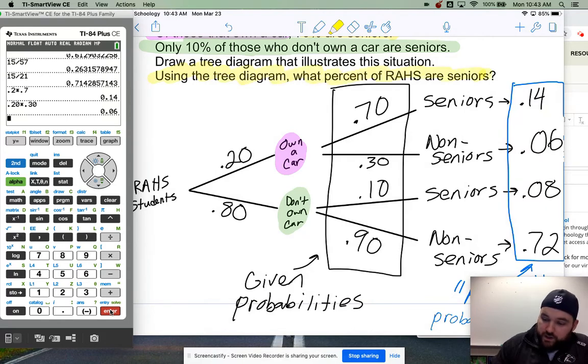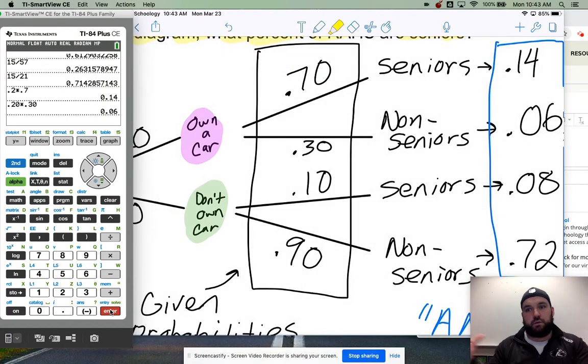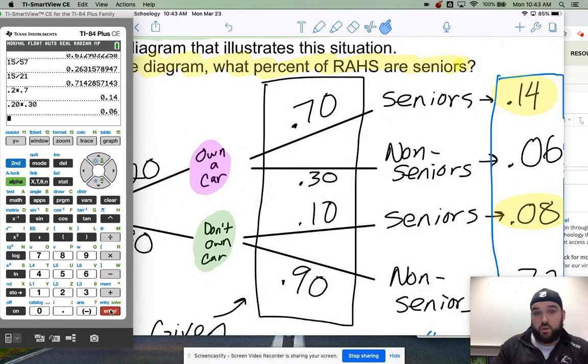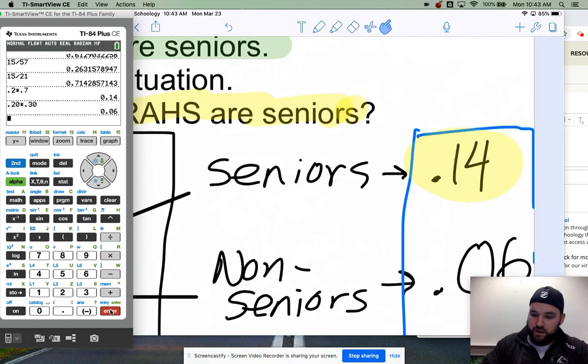Okay. And if I look at the end here in my blue box, there's actually two groups of people that would be considered seniors, right? There's the seniors with a car and there are the seniors without a car. So if I want to know what percent of RAs are seniors, I'm going to take those two different categories and add them up. I have the seniors with the car and the seniors without.